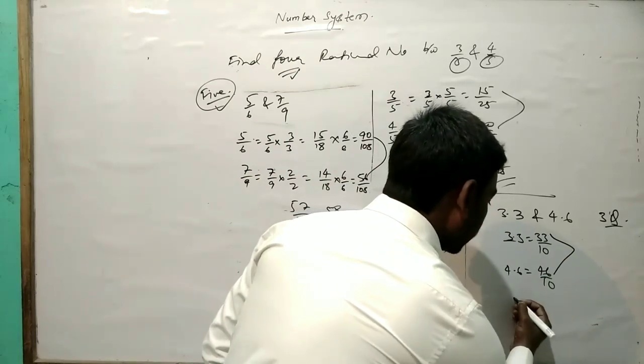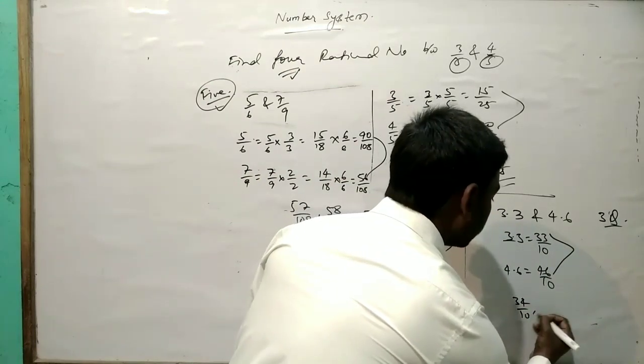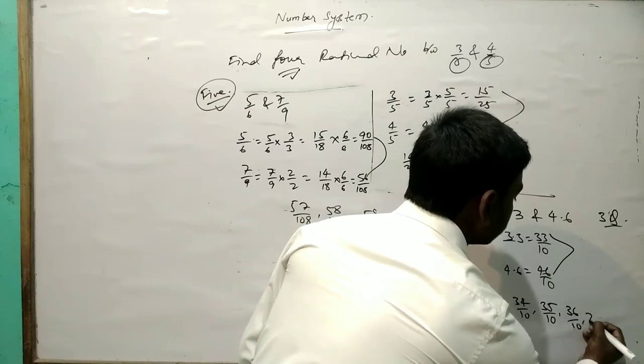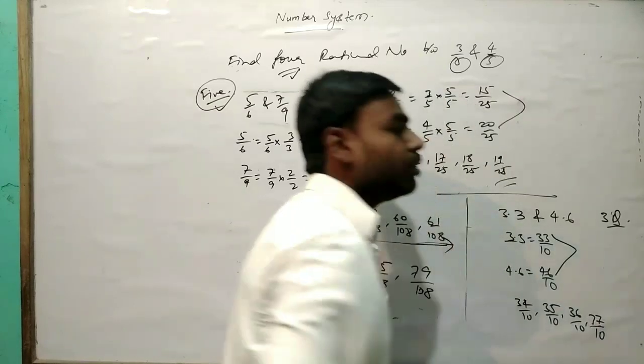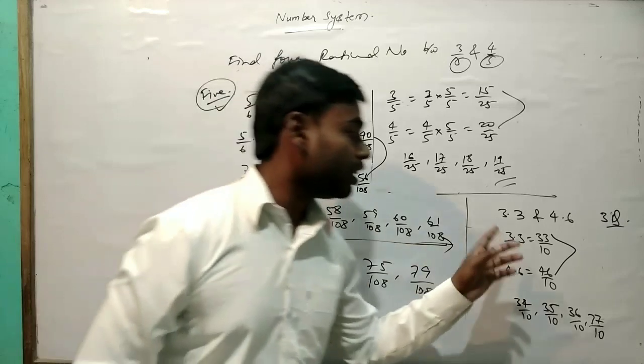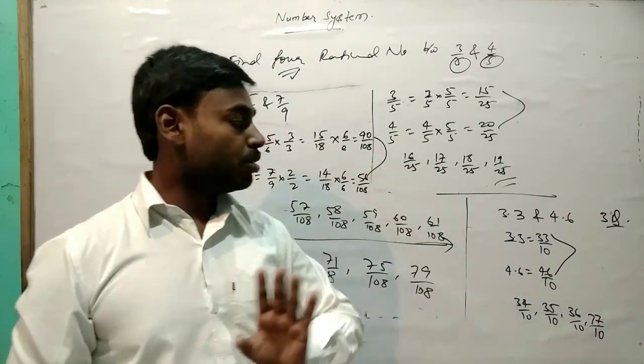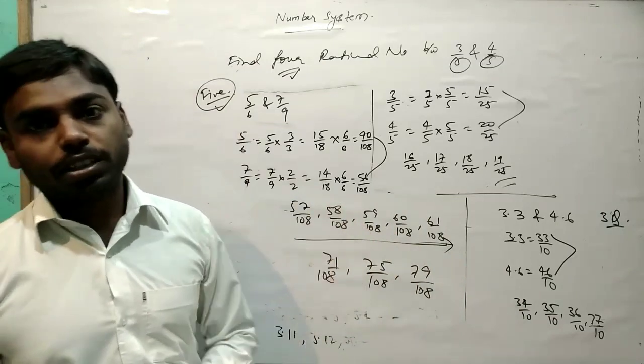Then we can write 34 by 10, 35 by 10, 36 by 10, 37 by 10. If there is need, then you have to multiply it. Otherwise you do not have to multiply.